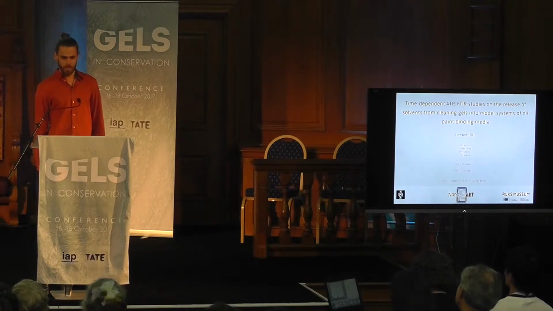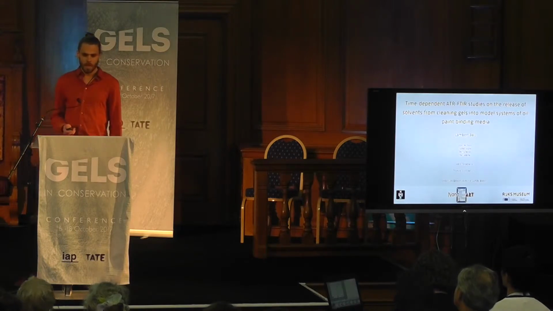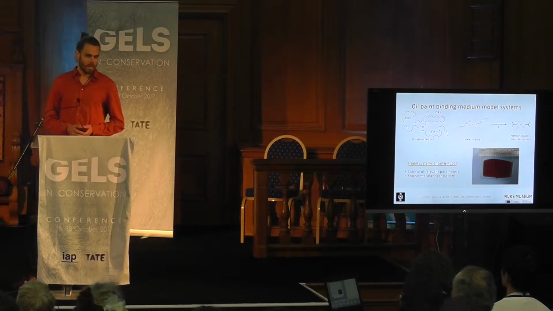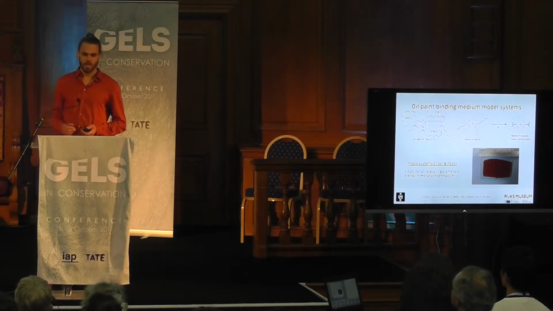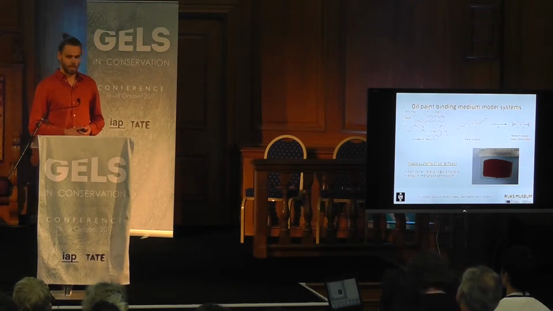And these model systems, I think it's best to first go into detail a little bit about their composition. So they are based on linseed oil, which can schematically be depicted as a triacylglyceride with these one or two double bonds that have the possibility to cross-link with oxygen and form a tightly cross-linked polymer network.